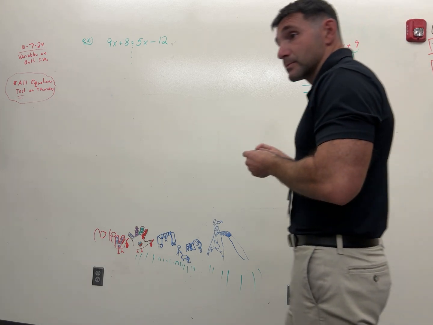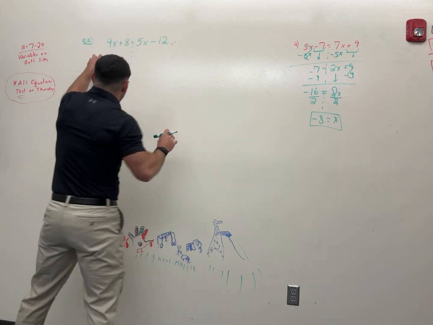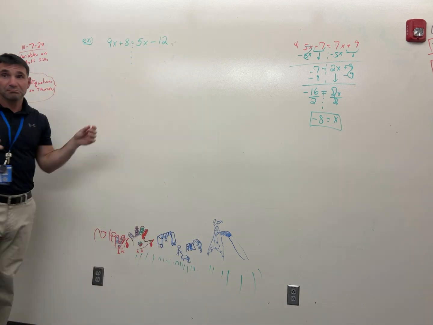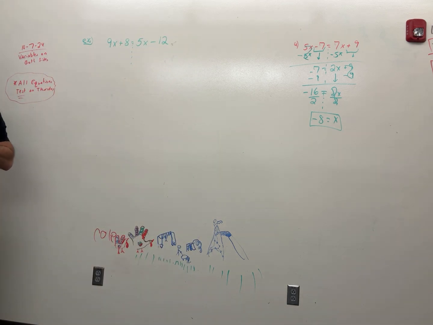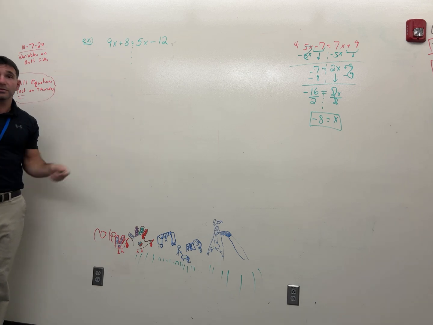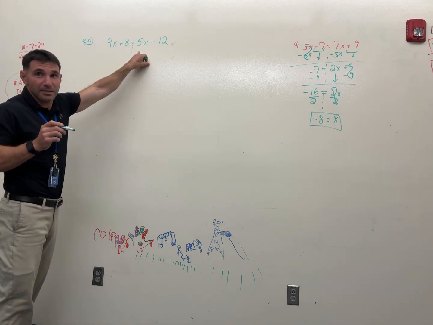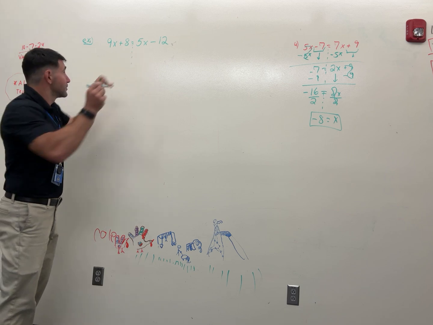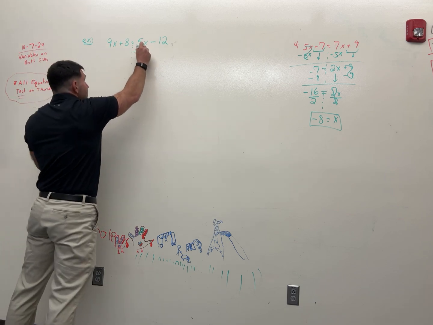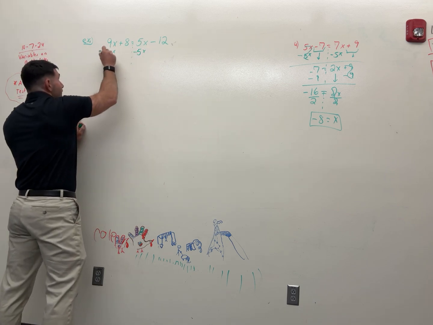Does it matter if I move 9 this way or 5 this way? No, it doesn't. But I like to move the smaller one. And most of you did this wonderfully. Which one's the smaller number, 9x or 5x? 5. It's positive. What's the inverse of positive 5? Negative 5. Yep. So we're going to subtract 5x from both sides.